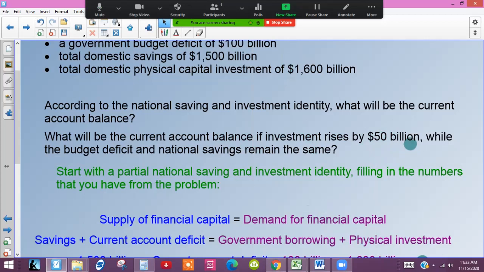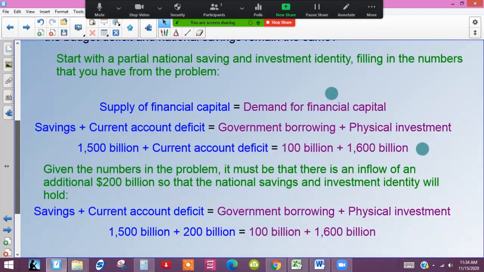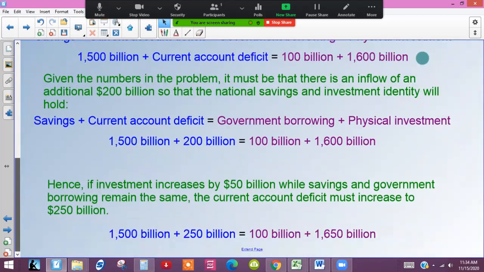Well, that's pretty obvious, right? In order for it to balance, we've got to have an additional inflow of capital of the same amount as we're demanding over here, right? $50 billion.